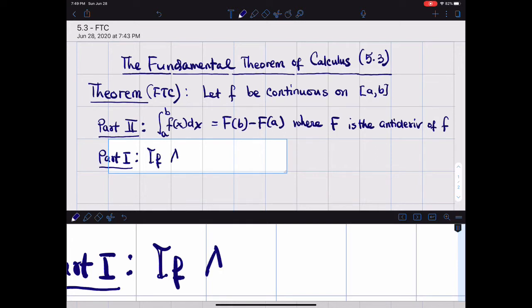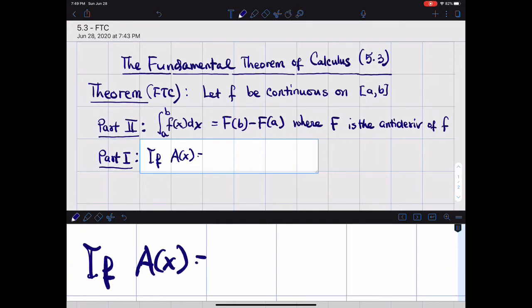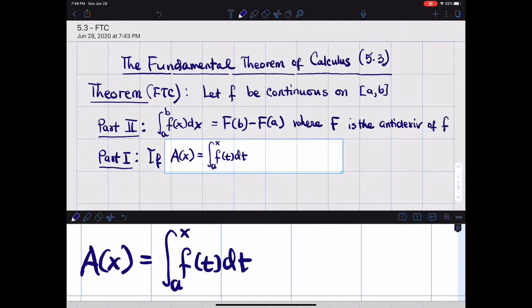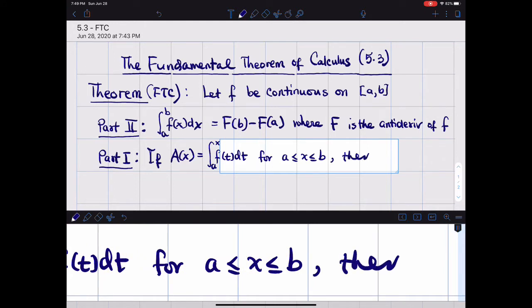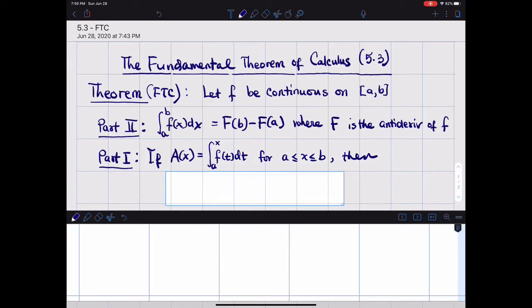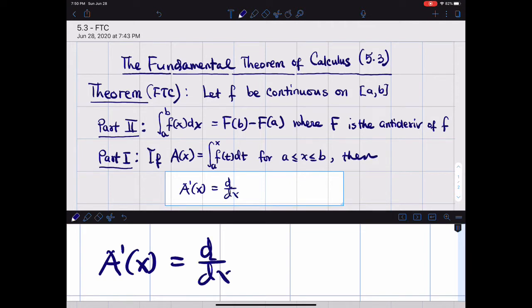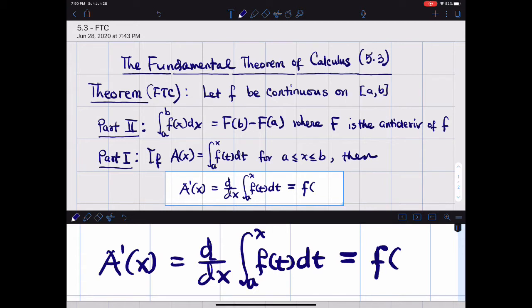It says that if you define a function A of x as the integral from a to x of f of t dt, essentially looking at the area under the curve of f of t, where x goes from a to b, then A prime of x is equal to d/dx of the integral from a to x of f of t dt, and this is just f of x.